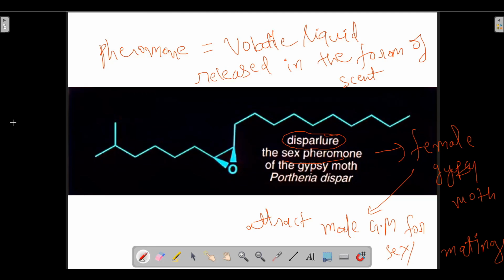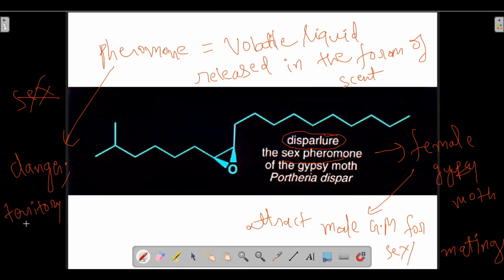Now pheromone is not released for sex only. Sometimes pheromone might also be released for other purposes, for example marking danger, or territory marking.